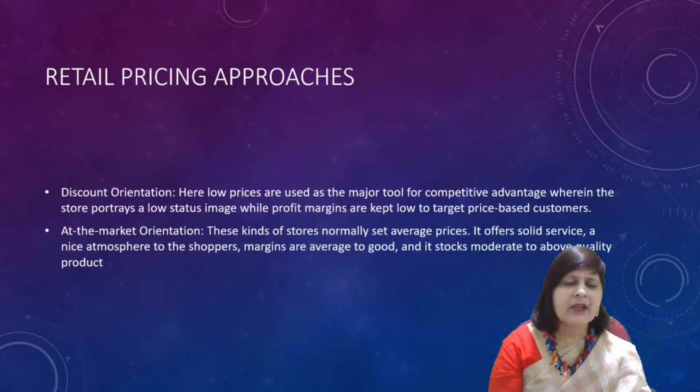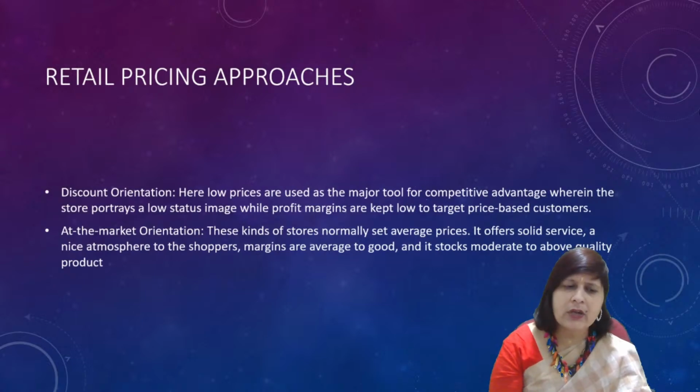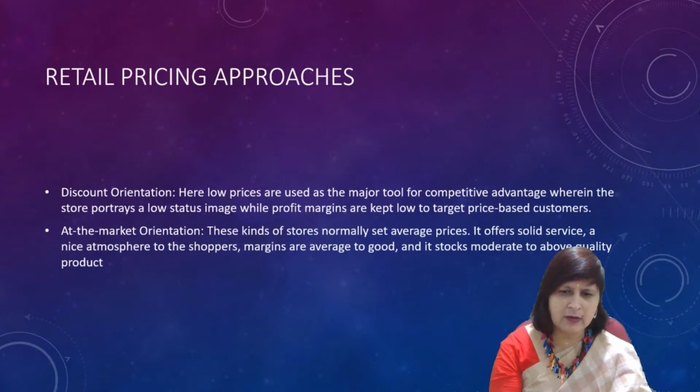Then at market orientation, these kinds of stores normally set average prices. They offer solid services and a nice atmosphere to the shopper. Margins are average to good, and they stock moderate to above average quality products. So discount orientation is when you are targeting a price based customer and keeping the price of your product on the lower side.